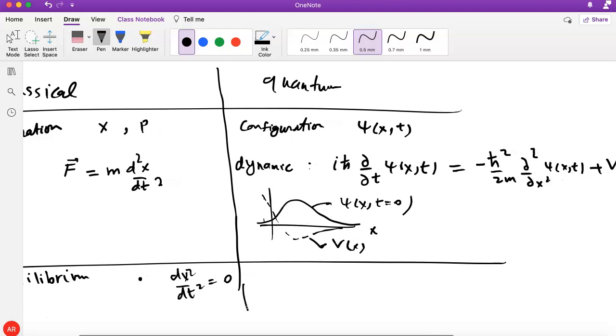And in quantum mechanics, to talk about some state, some wave function that's stationary, means that the probability density, this guy, is not changing as a function of time.